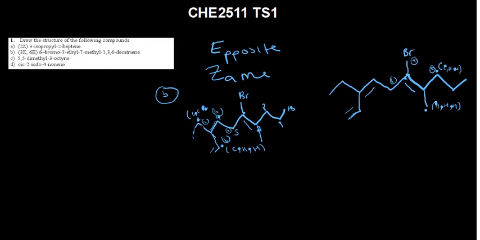Instead of rubbing it, I'll just do it like this. So I need the methyl group this side of the double bond, and then the three carbons this side of the double bond.